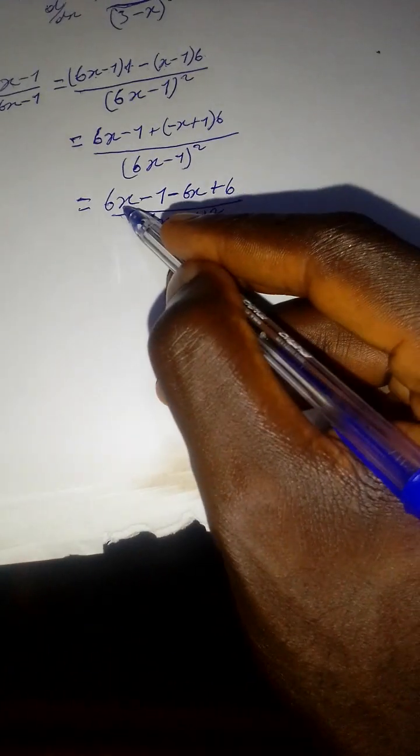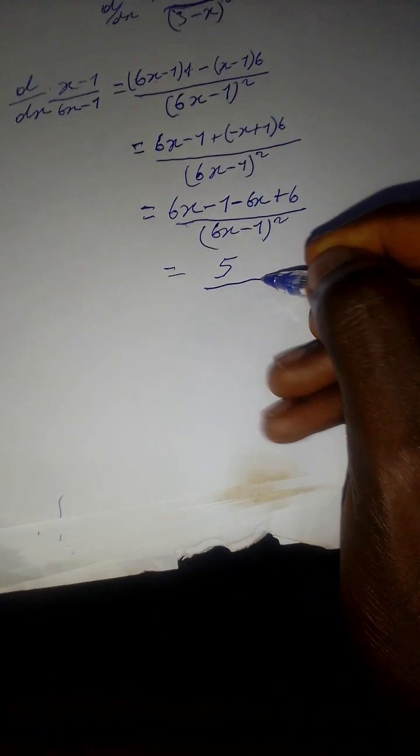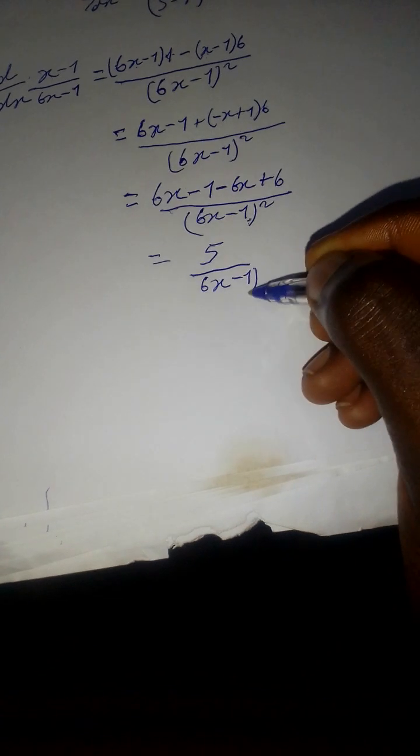Now notice that the numerator can be further simplified, because this 6x minus the other 6x is 0, and negative 1 plus 6 gives us 5, divided by the denominator, which is 6x minus 1, all that squared.